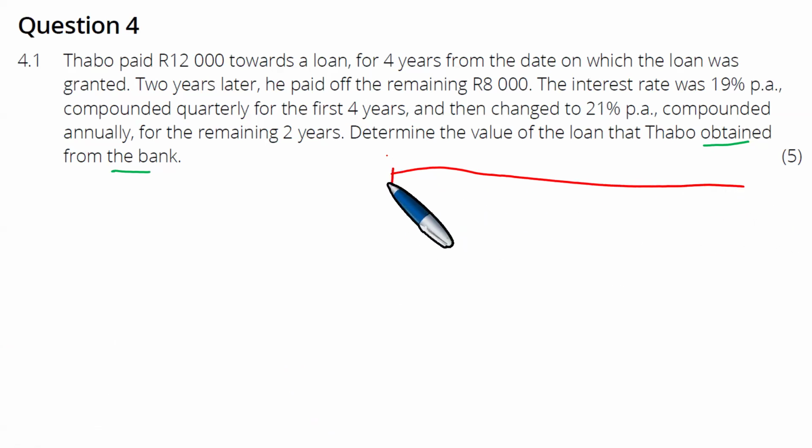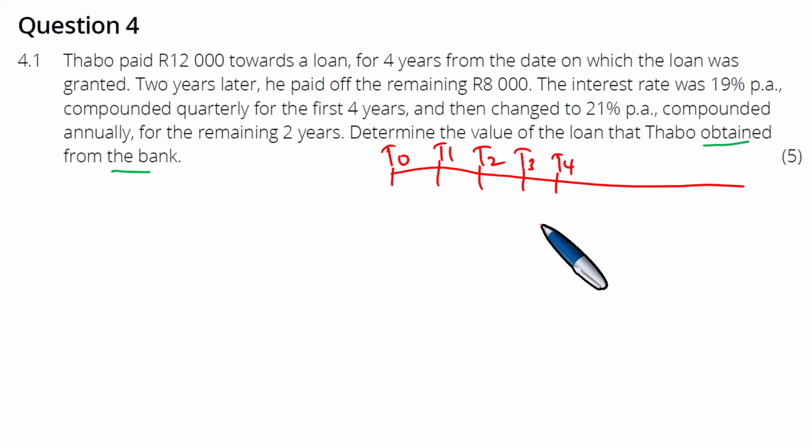Now you have time 0, time 1, time 2, and so on. But Thabo paid 12,000 Rand towards the loan for 4 years from the date on which the loan was granted. So you do T3, and then you're going to do T4.